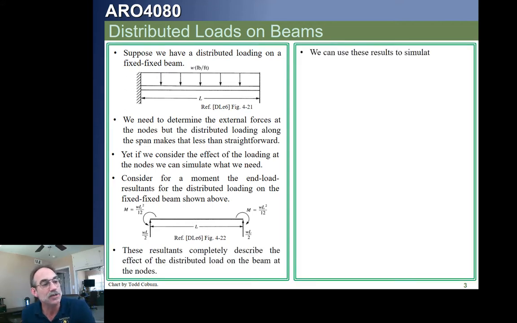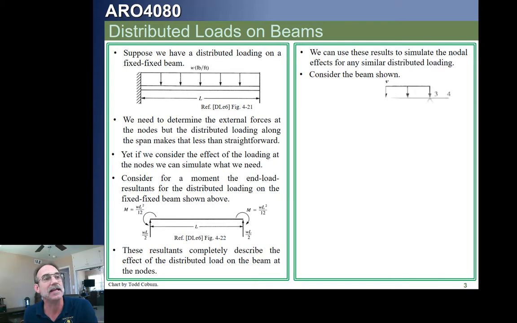All right, since those resultants completely describe the effects of that loading, we can use the opposite of those reactions to simulate the load. So for example, if we have a beam like this, we've got 1, 2, 3, 4 nodes and a distributed load in the middle.